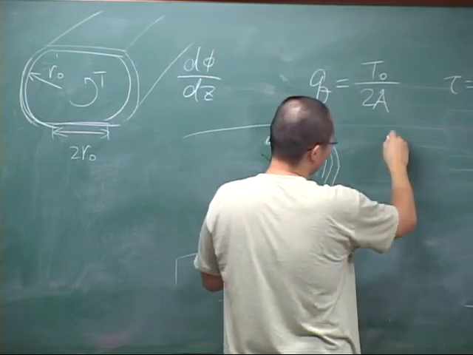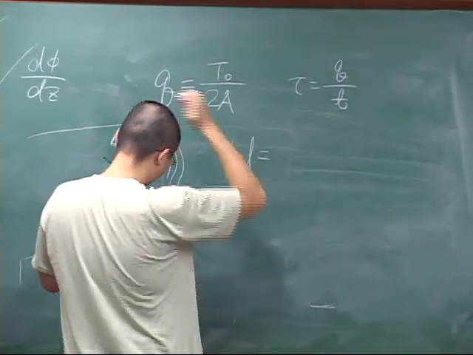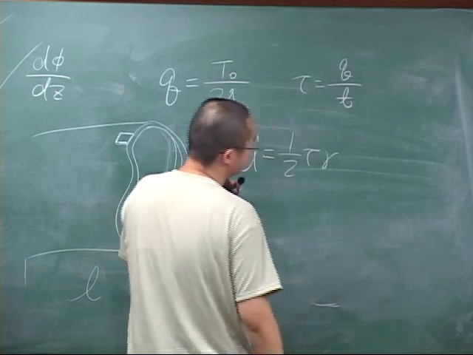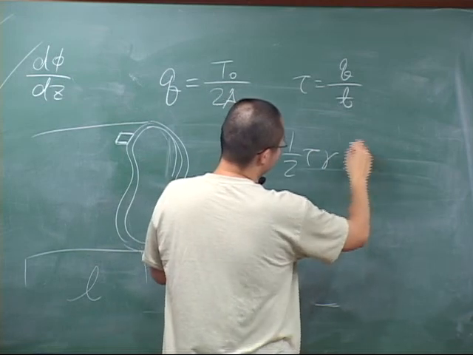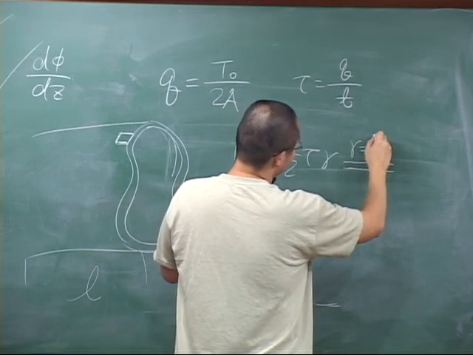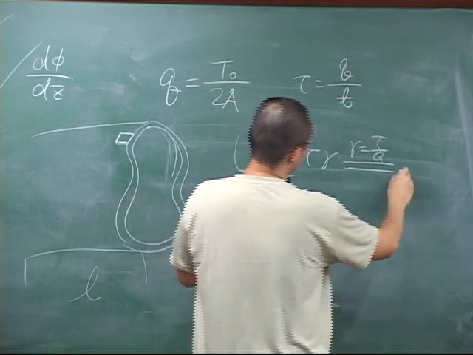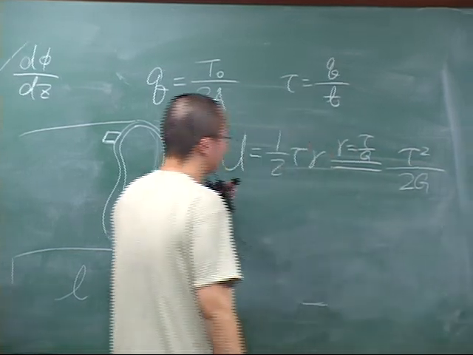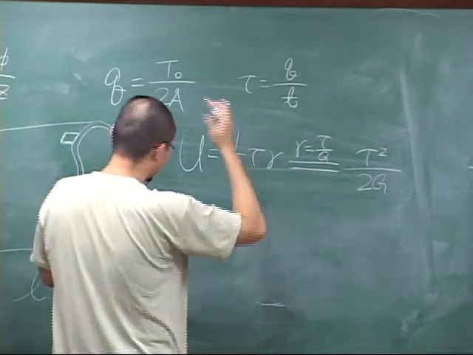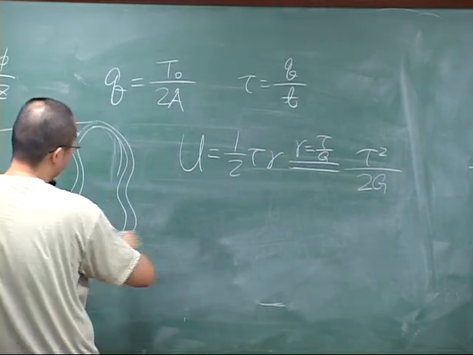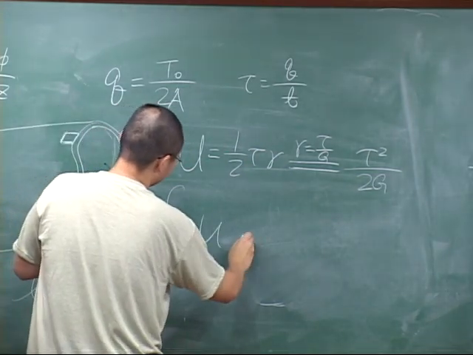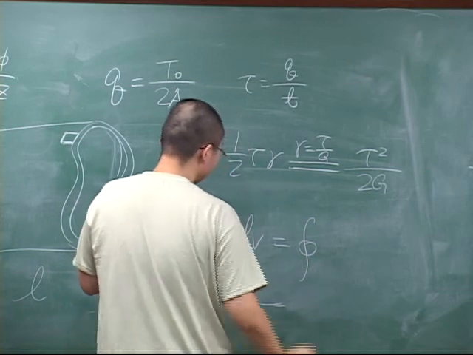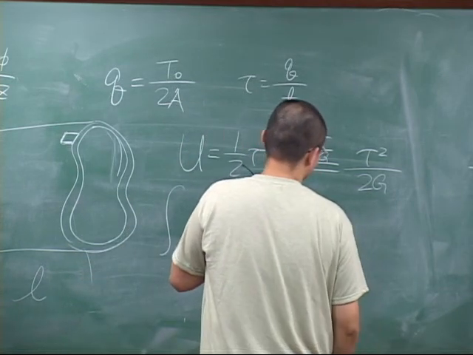So in torsion case, the strain energy is tau gamma, and gamma equals tau divided by G, so tau squared over G is the U for unit volume, and for this whole volume, U times dV.